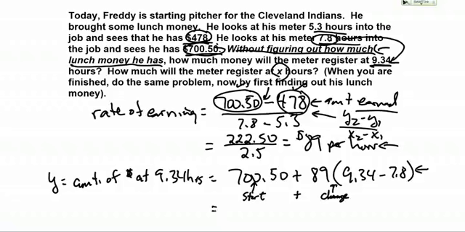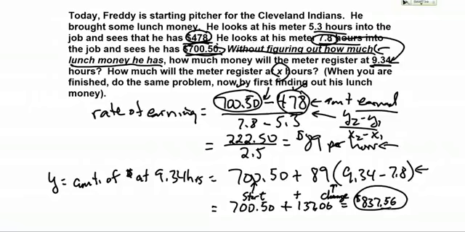So we crank that out with arithmetic on our calculator, and we get $700.50 for our start, and our change turns out to be $137.06 roughly. So putting the start plus the change together gives us our new amount of $837.56. And that solves the problem without finding his lunch money.